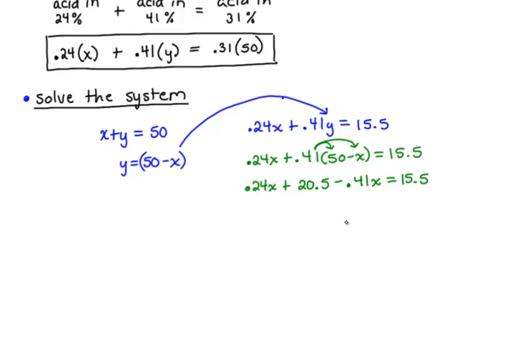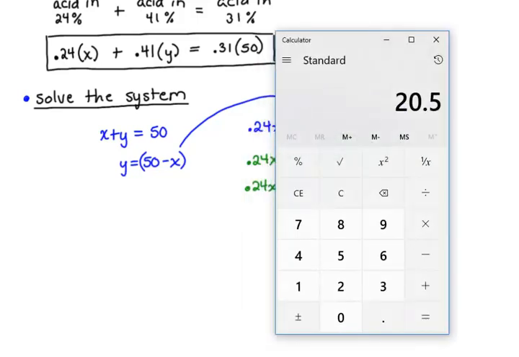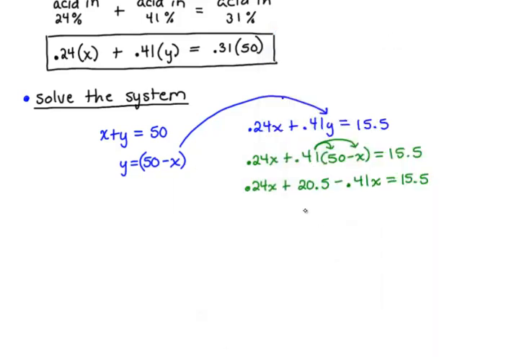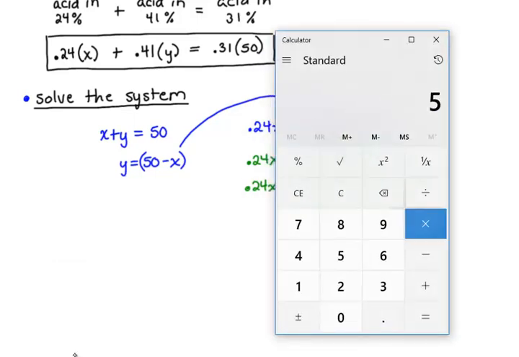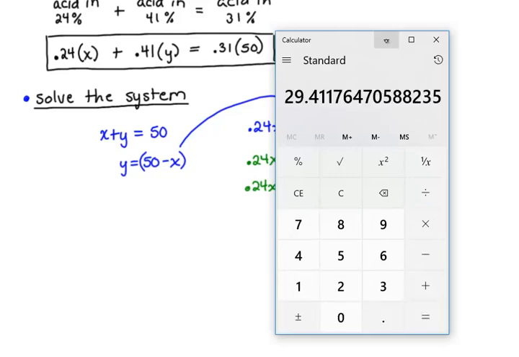So 0.24 minus 0.41, I get negative 0.17. And then I'm going to take 15.5 minus 20.5, which ends up being negative 5. And then I divide it by negative 0.17, so 5 divided by 0.17, and I get 29.4.